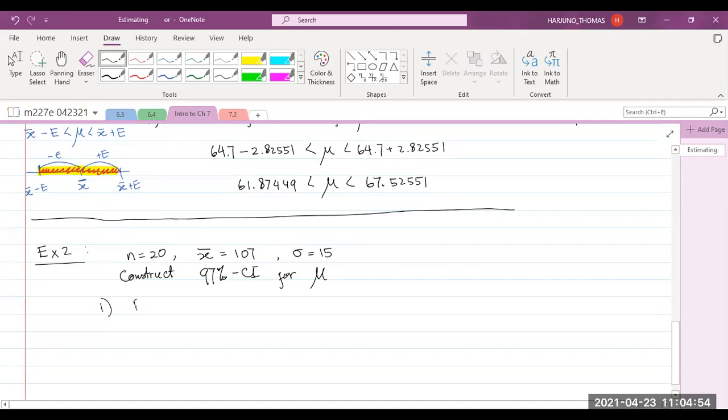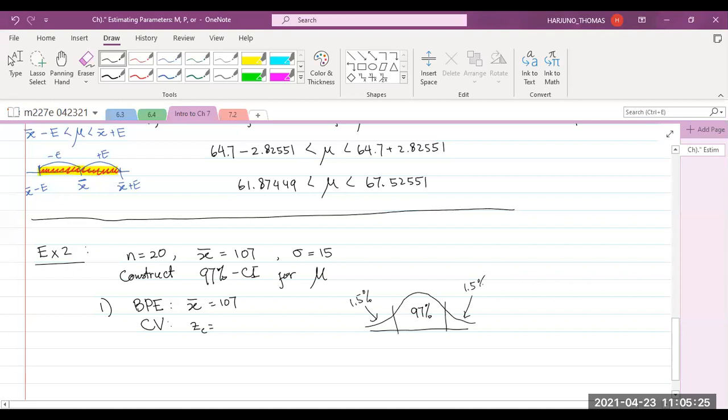Okay, so step 1, best point estimate will be X bar. Critical value will be, then construct the standard normal distribution. And I want to have 97% in the middle, which means the remaining 3% will be shared by 2 tails. Now the critical value will have area to the left, 1.5% plus 97%.